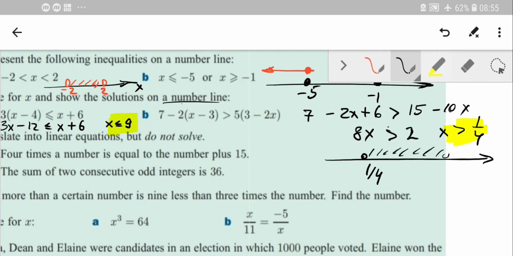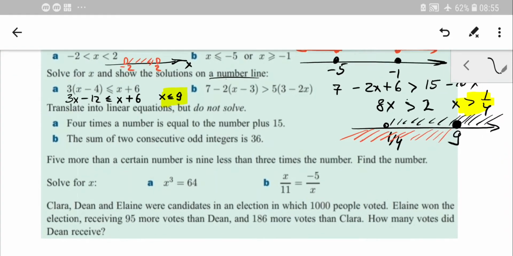On the other side we have 9 with less or equal, so we include that, and it goes there. Because it's not a system, we don't combine them. In the case of a system, you would have from 1/4 not included, this left boundary, up to 9. But because they are separate inequalities, we just consider them separately.